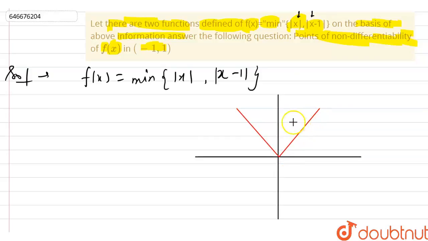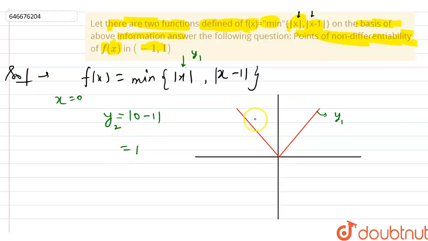Now I'm going to make the graph of |x - 1|. You can see here, if I put x as 0, then it will give me |0 - 1|. Let's suppose this is my y1 function, and this graph is for the y1 function. So y2 is equal to |0 - 1| on putting x equal to 0. It will be simply 1, because the mod of -1 will become 1.